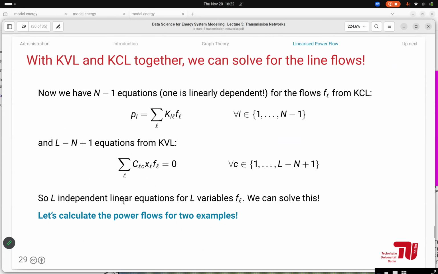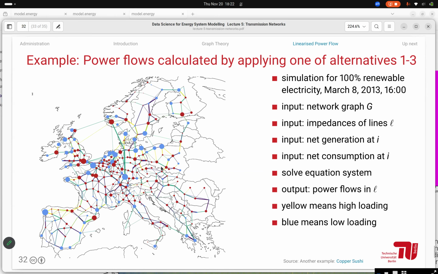Looking back at these equations, we actually have everything given with the exception of the flows that we want to calculate. So we can calculate the flows. I didn't add a legend here, but yellow means high loading, blue means low loading. What we get here is an image of where the flows are high and where the flows are low.